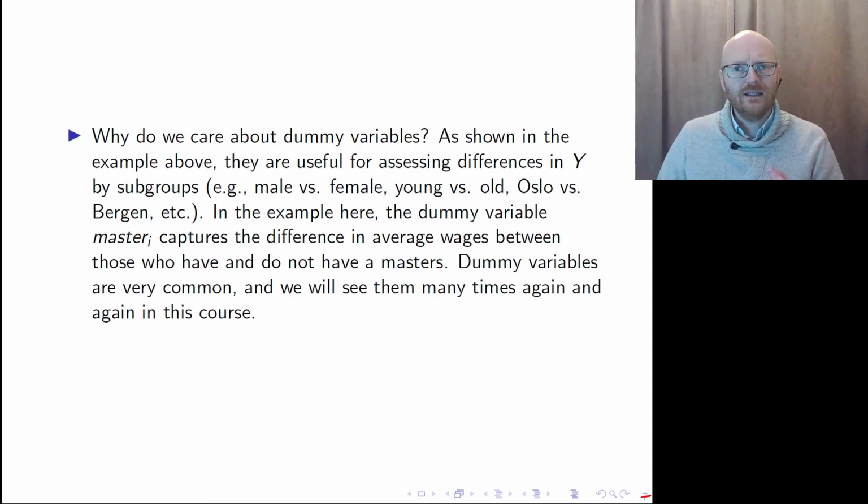And why is this important? Because you have learned previously to compare two means and check if they are different. Well, these dummy variables are much more flexible, because you can use them to compare one mean versus several other means.